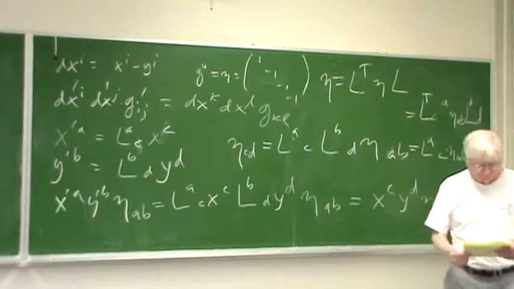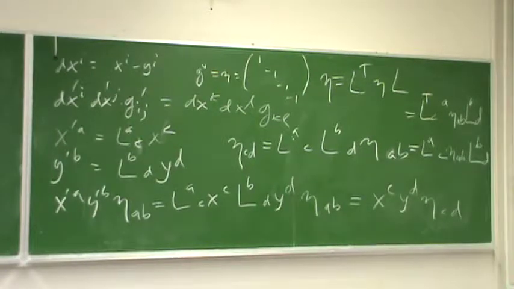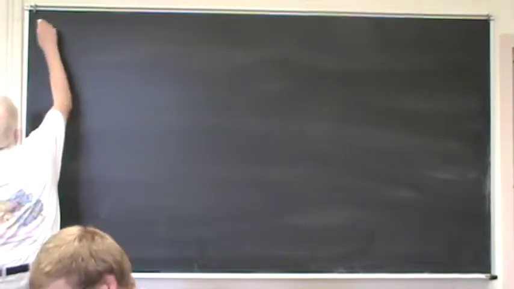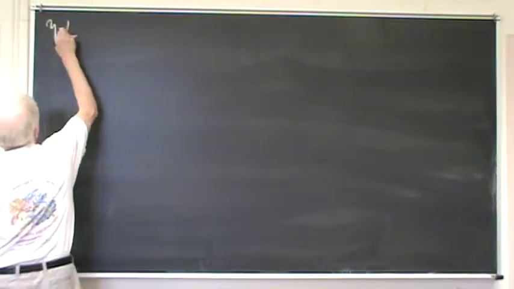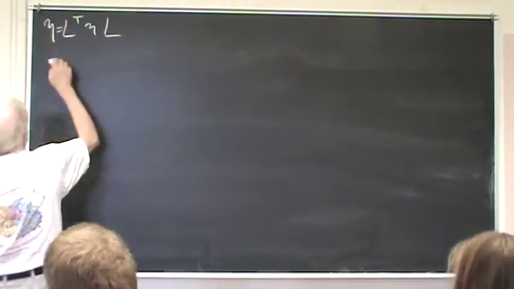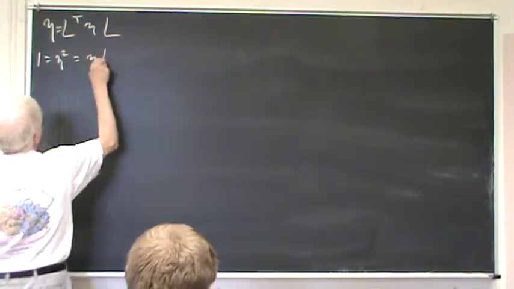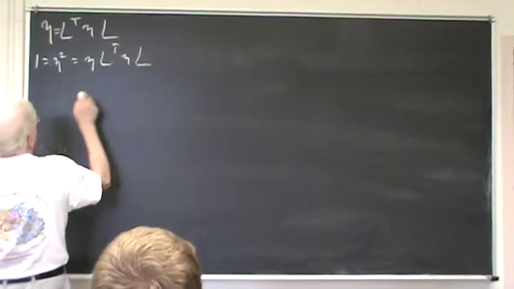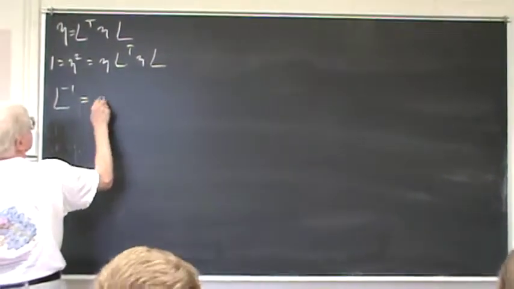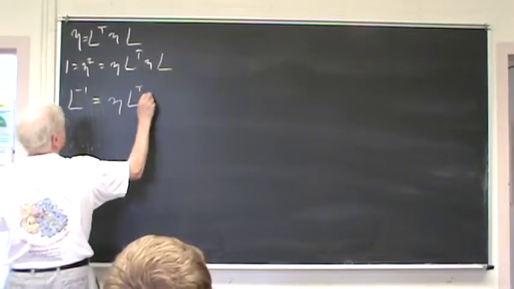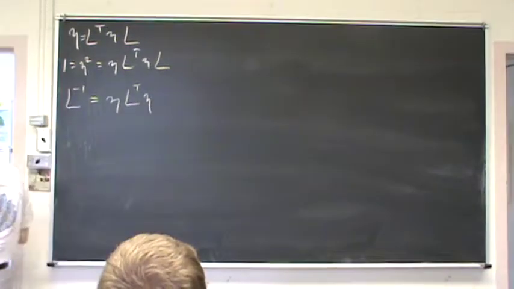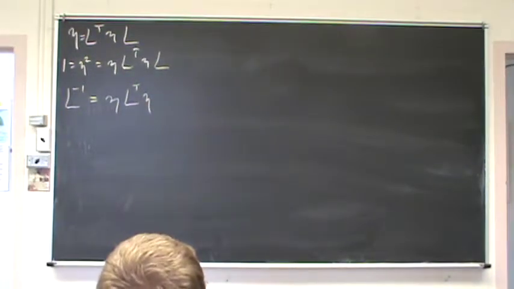And now, of course, eta squared is 1. And so, if we have eta is L transpose eta L, then 1 is eta squared is eta L transpose eta L. And that means L inverse is eta L transpose eta, which is kind of an interesting relationship.